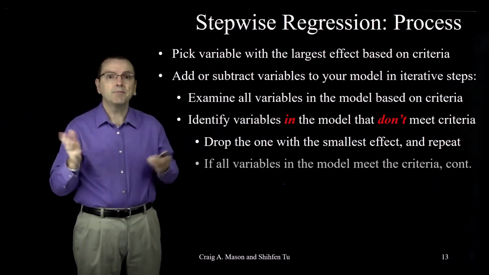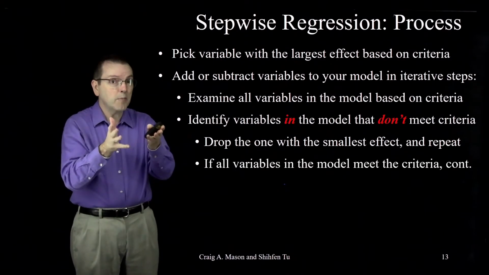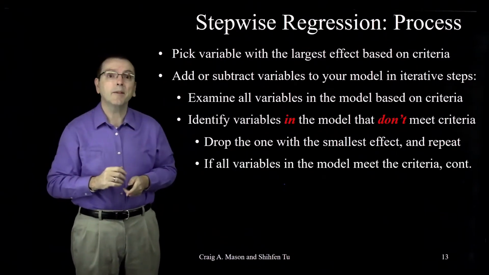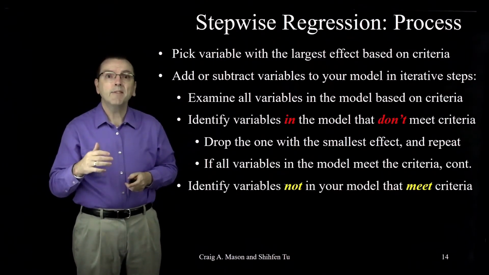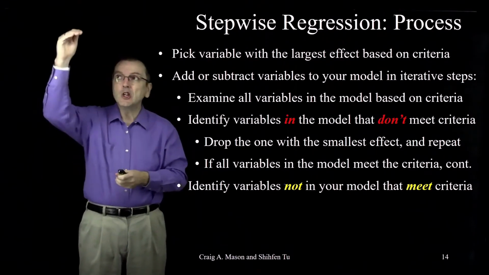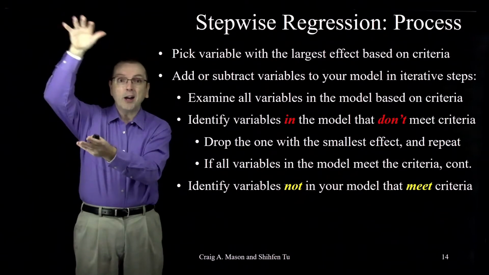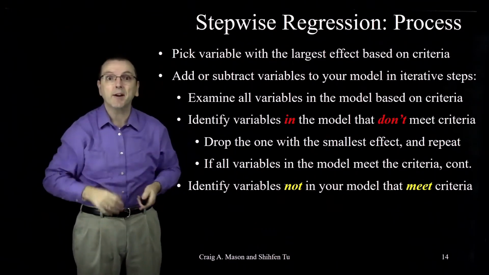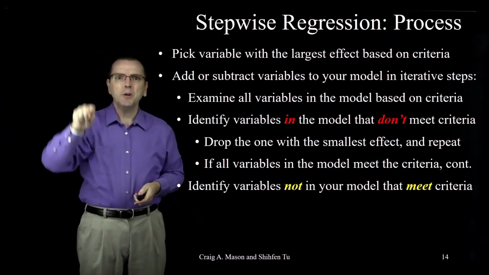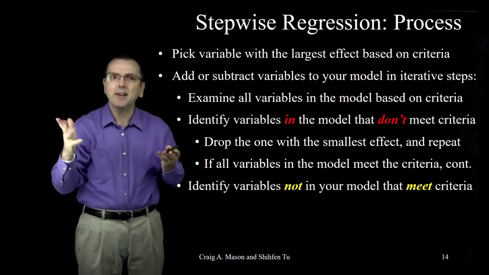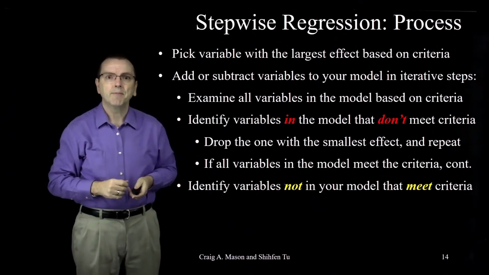On the other hand, if all the variables currently in our model still meet our criteria, we go on and evaluate all the variables not yet in our model from that original big list of possible variables to see which ones, if any, meet our criteria.